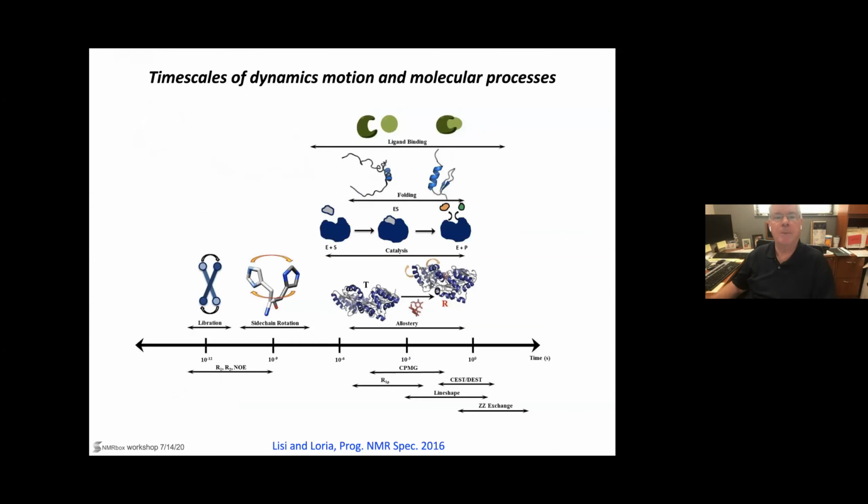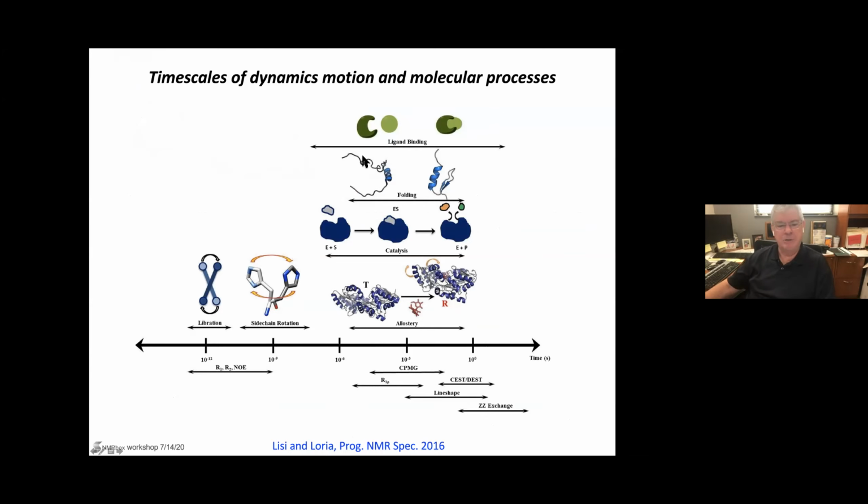Okay, so let's talk about timescales of dynamics and motion in molecular processes in biomolecular NMR, which is what we're focused on here and what we're going to talk about. We all know this is from a review article from Pat Loria, and the range of motions cover an extremely wide range, from the femtosecond even of librations, picoseconds of side chain rotations, et cetera, all the way into seconds and minutes and hours in biological processes.